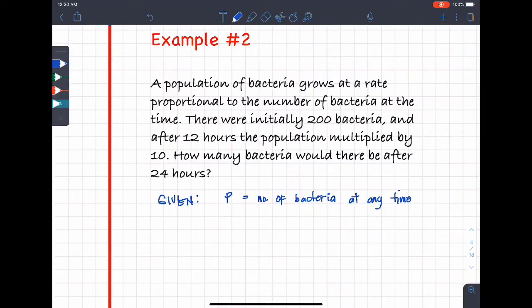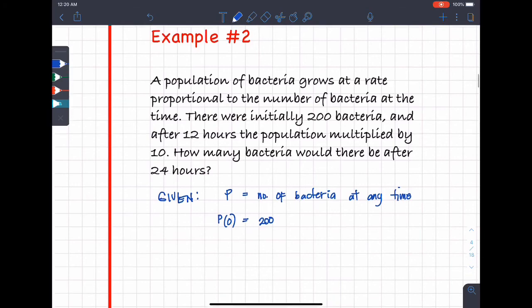And it is specified that initially, when time is 0, there are 200 bacteria. Then after 12 hours, the population multiplied by 10.